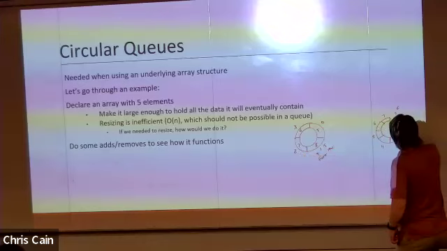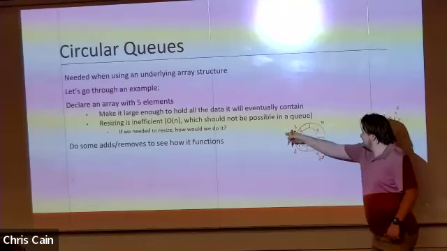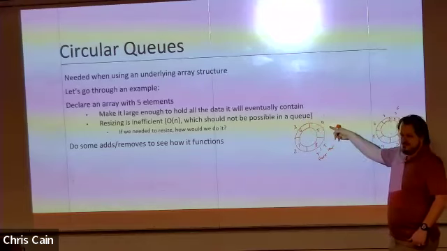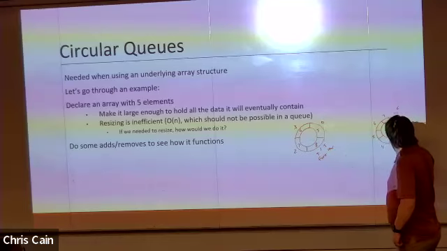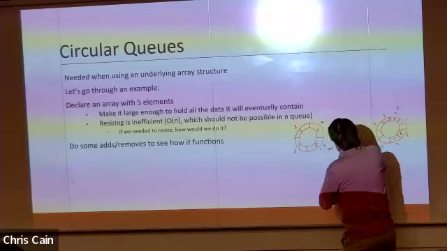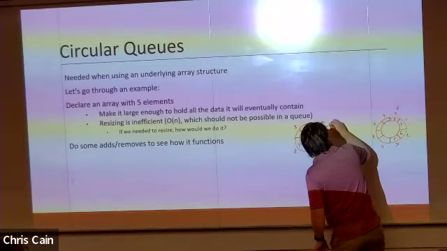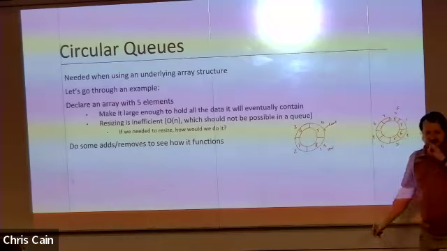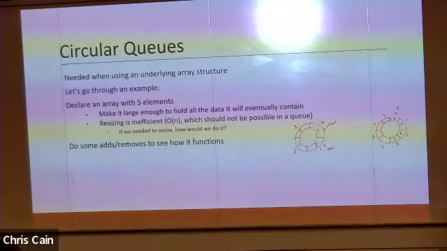Take the 7. Bump up the front. Take the 6. Bump up the front. Until we have this situation. If we would bump up the front one more time and get it back to the rear, that's where we know we want to terminate.